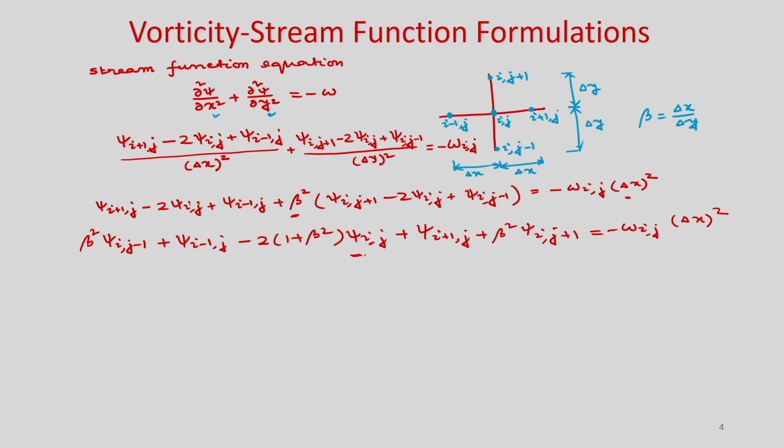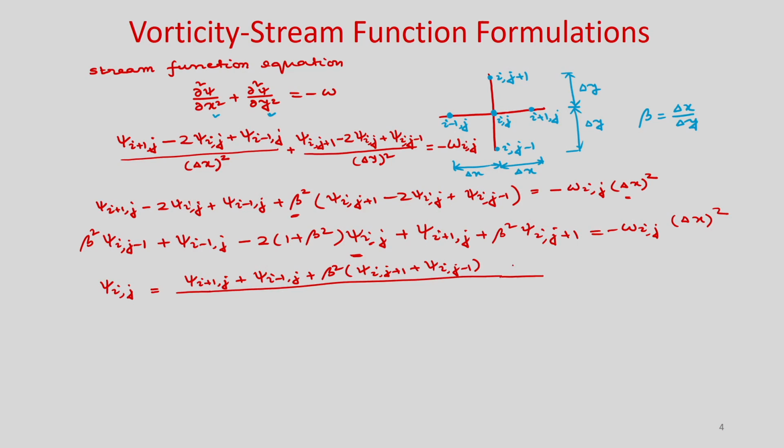Okay. So, you can see that psi(i,j) you need to find. So, if you use an explicit type method, then you can write psi(i,j), which is your unknown, equal to psi(i+1,j) plus psi(i-1,j) plus beta square psi(i,j+1) plus psi(i,j-1).